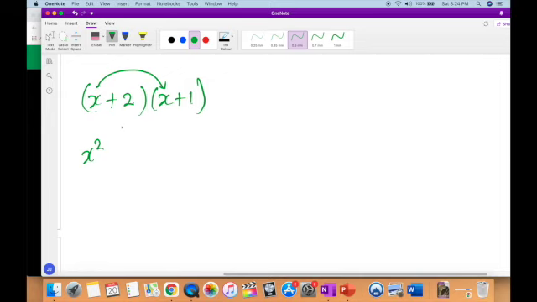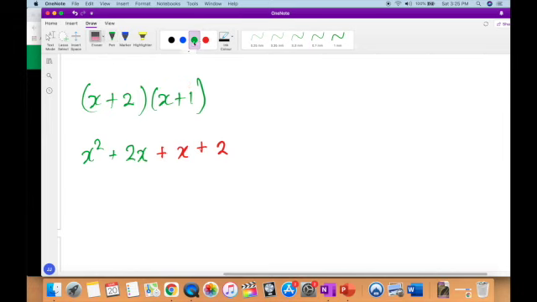Right? And then you're taking this 2 and you're multiplying it by x, plus 2x, right? And then now you take this x and multiply it by 1, so you're going to get plus x, and then you take this 2 and multiply it by the 1, so you'll get plus 2, right? But look at what you did, Scotia.